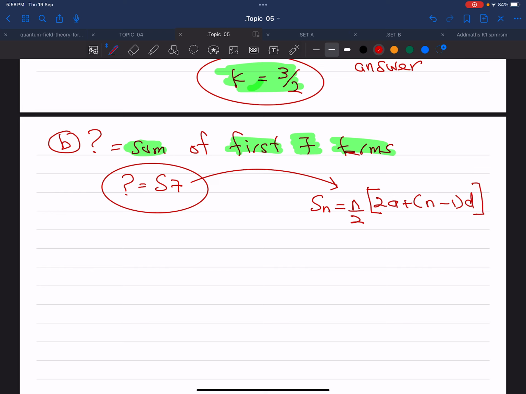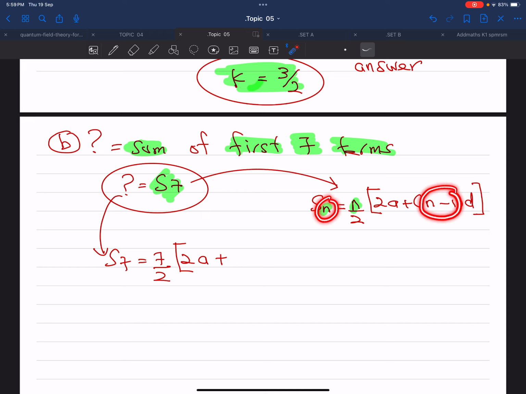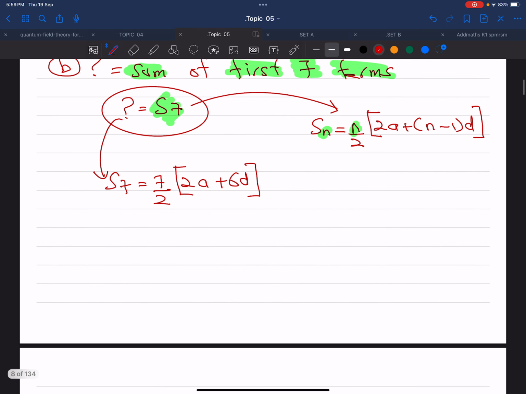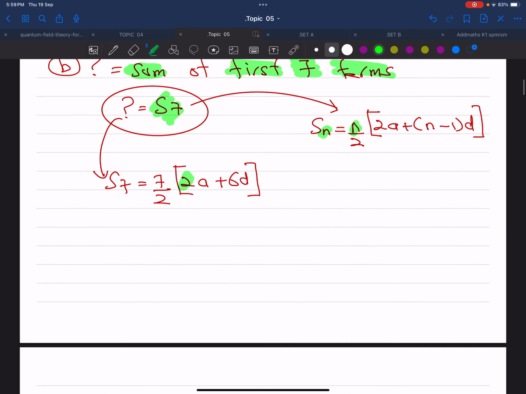So now S7 is n over 2, so 7 over 2, brackets 2a plus n minus 1, so 7 minus 1 would be 6d. We can simplify. The 2 and 6 can be divided by 2.